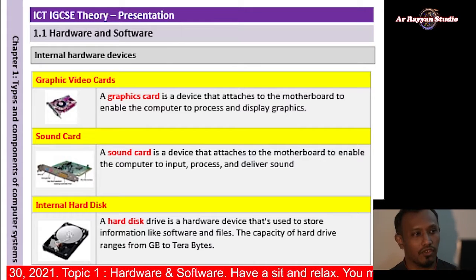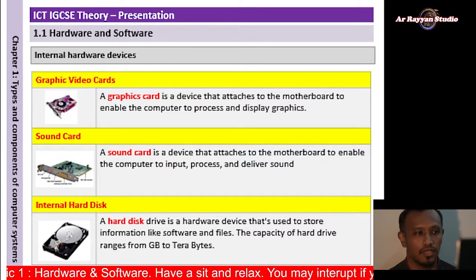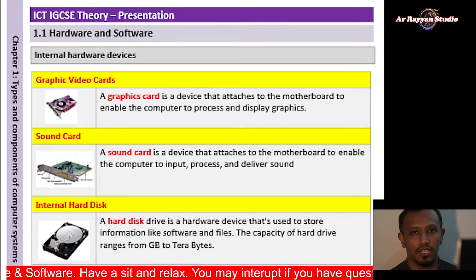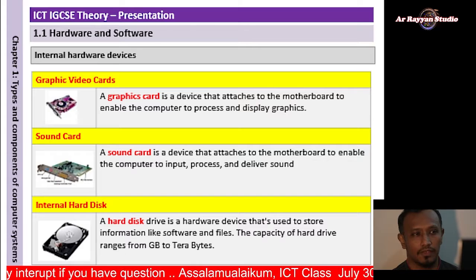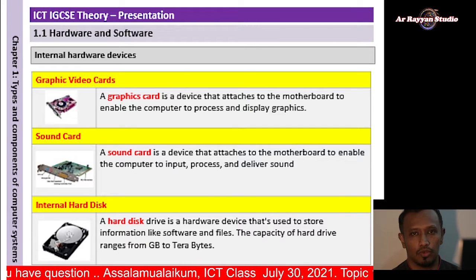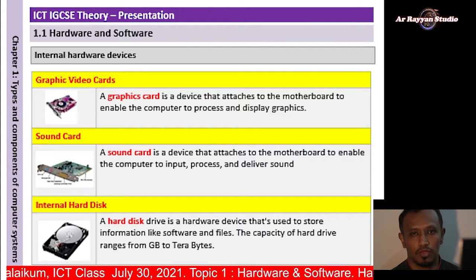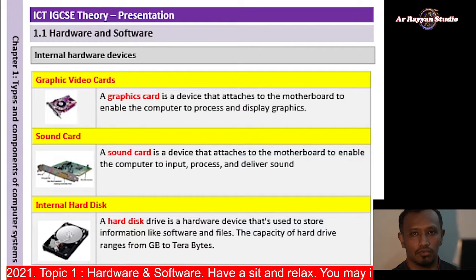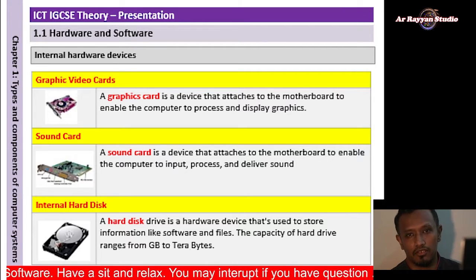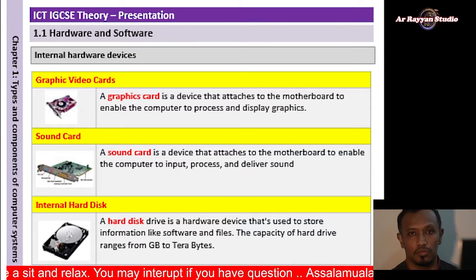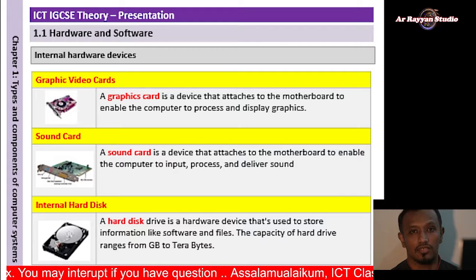Right, next we have a sound card. This sound card enables the computer to process sounds. Like when you play an MP3 on your computer, the sound card will process it and transfer it to the speaker, so your speaker will come out with the sounds, right?